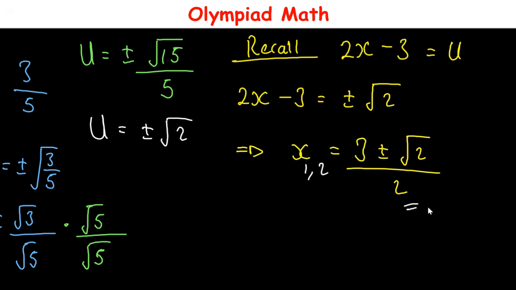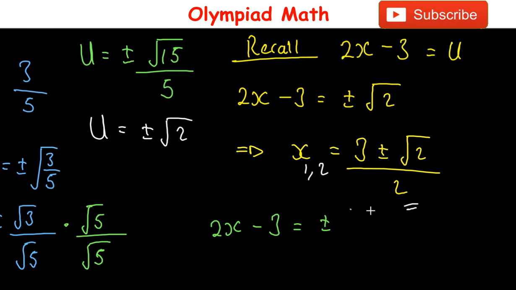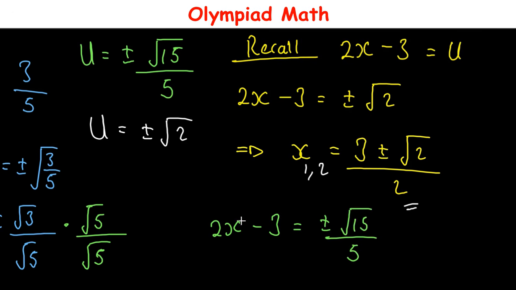Meanwhile, to solve for the other value of x, making use of u equals plus or minus root 15 over 5, we have 2x - 3 equal to plus or minus the square root of 15 divided by 5.